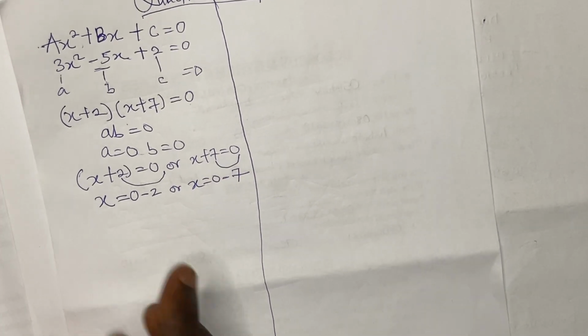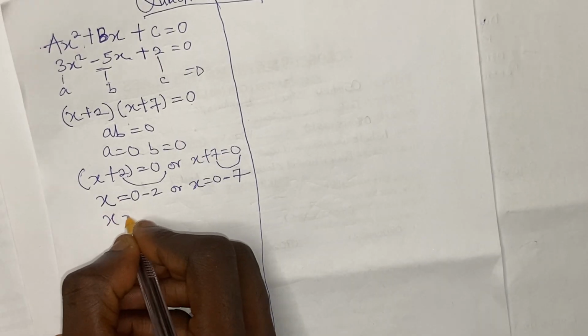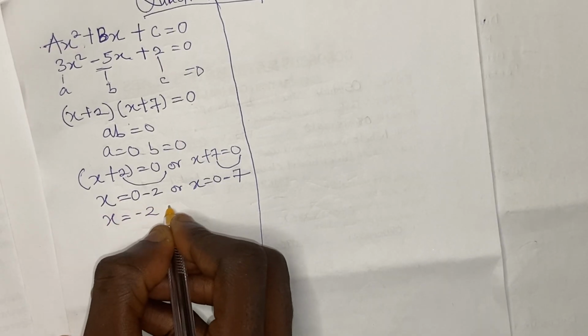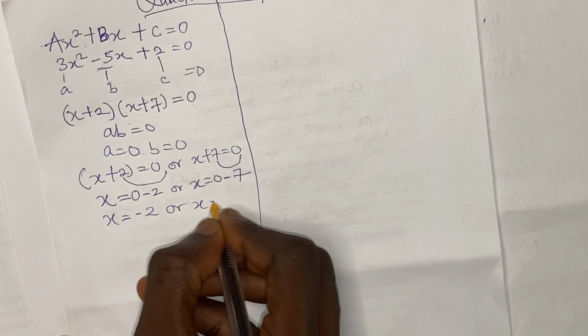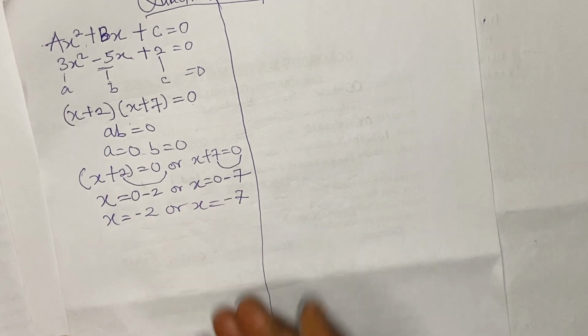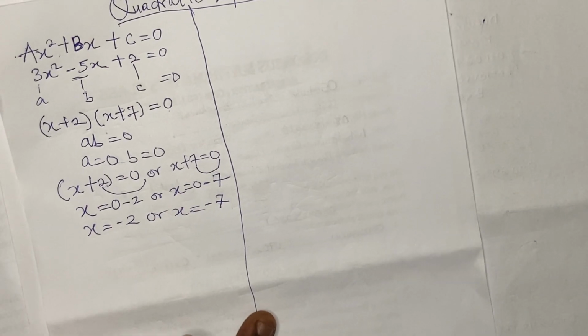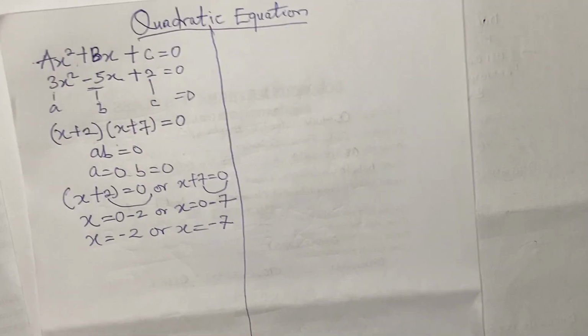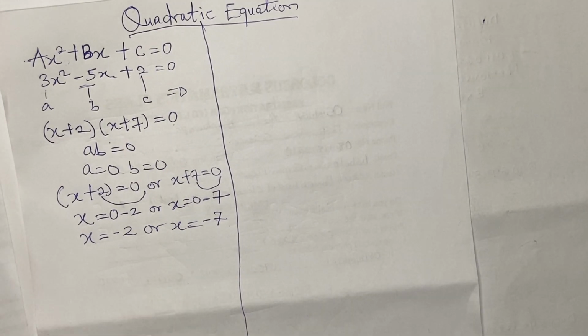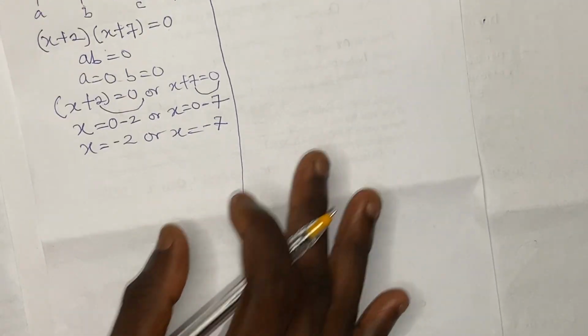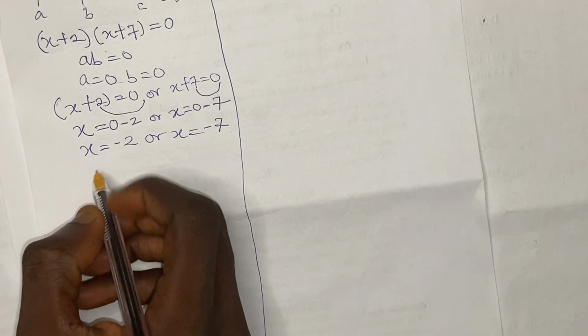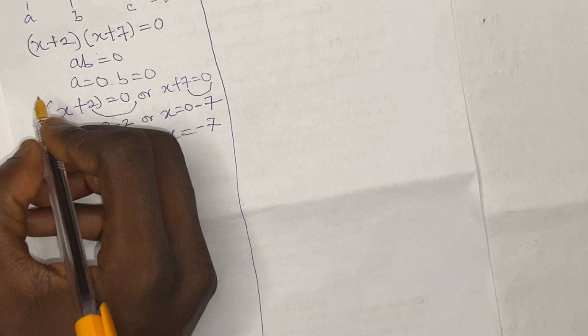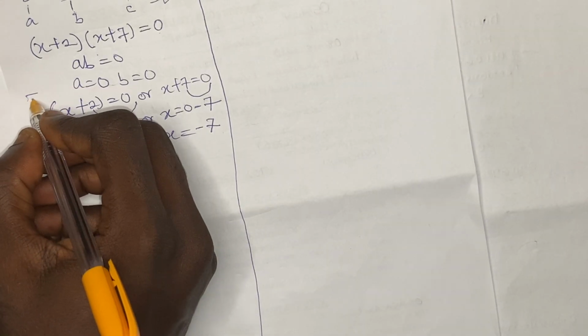That means my x is going to be minus 2, or x equal to minus 7. This is just a basic example. This is our example 1.